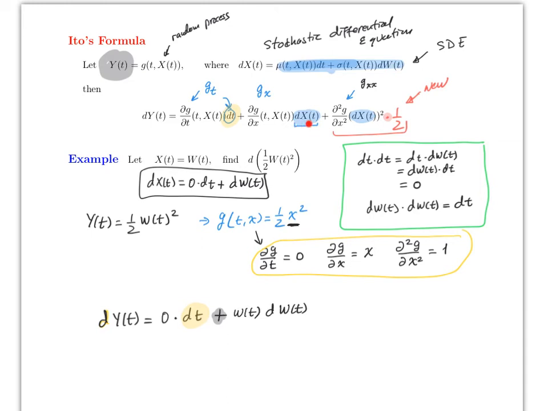Why? Because the x is just equal to dwt, because there is nothing here, and then plus 1/2 the second derivative, which was equal to 1.